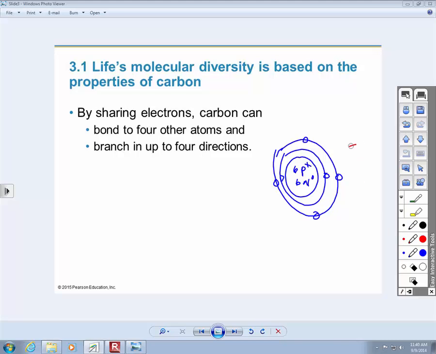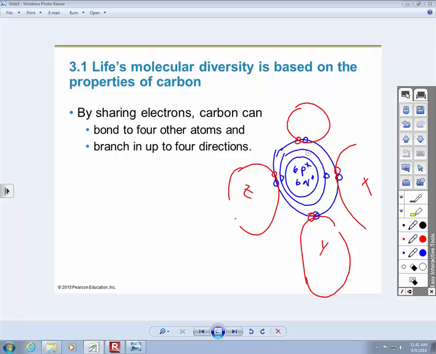So I could share 1 electron from atom X, we don't care what it is, and I could share another electron from another atom, call it atom Y, and I could share another electron from atom Z, and I could share another electron from another atom X. So that would fill up. You'd have 2, 4, 6, 8 in the second shell.